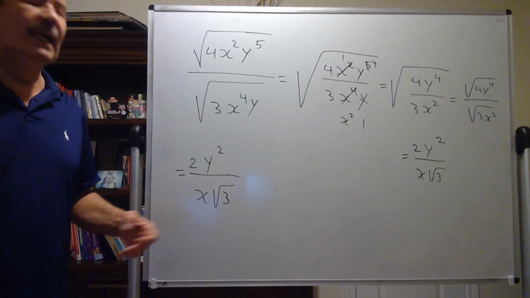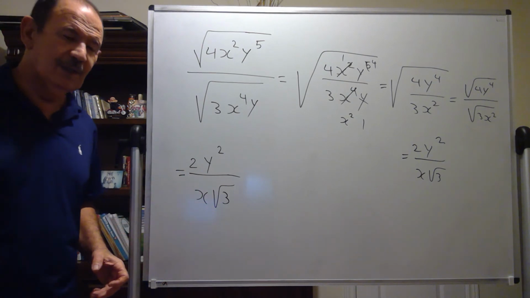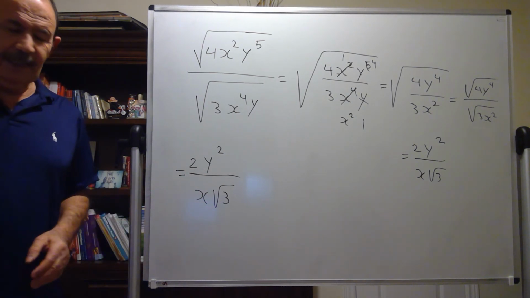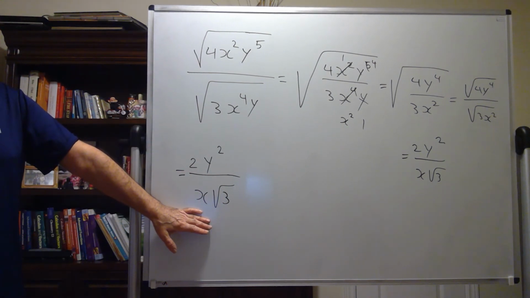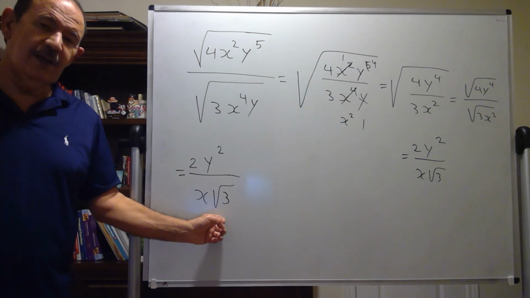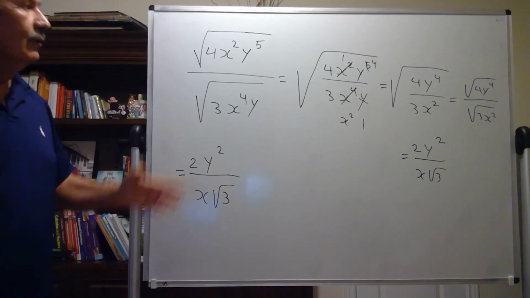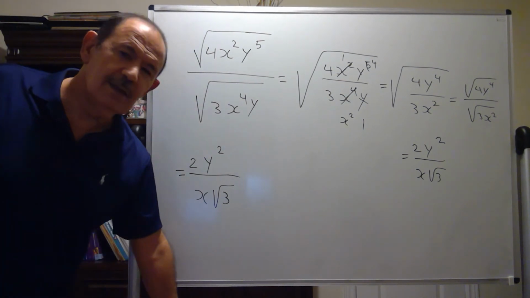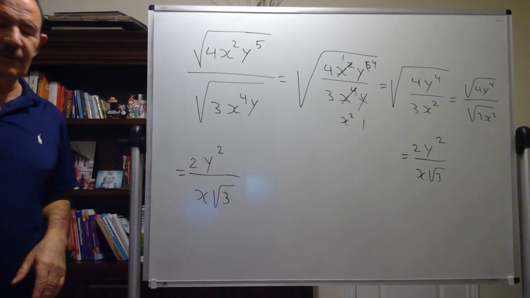We try to eliminate the radical sign from the denominator, and that we call rationalizing the denominator, and I'm going to explain it in a different video. So remember, this one is not finished. We have to rationalize the denominator. But these are all about dividing radicals, dividing two radicals by each other.